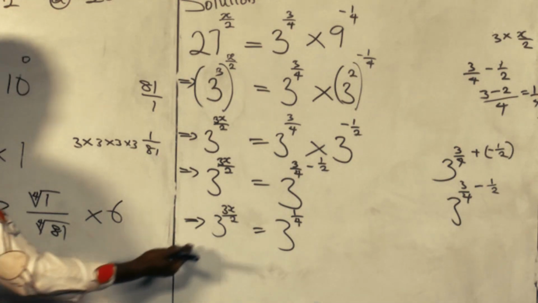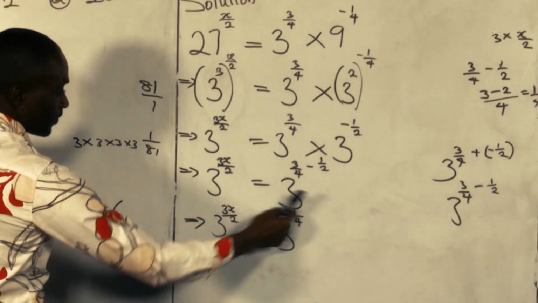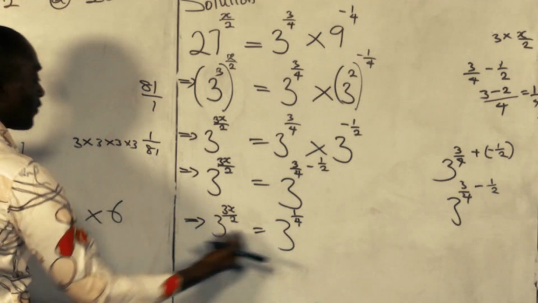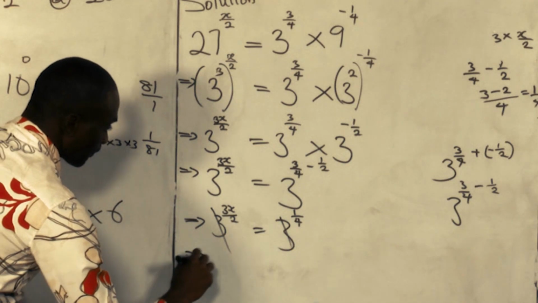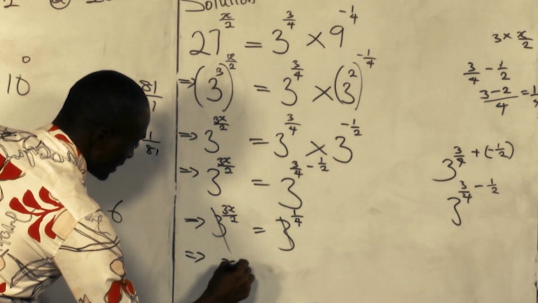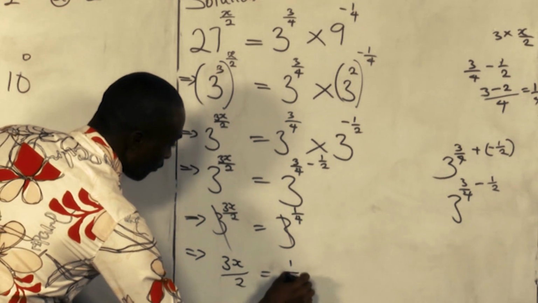Now this is equal to this, and we have the common base. This cancels this, and we'll be left with 3x over 2 equal to 1 over 4.